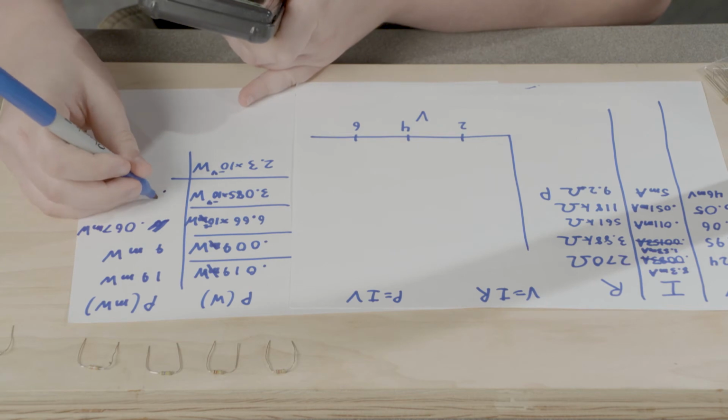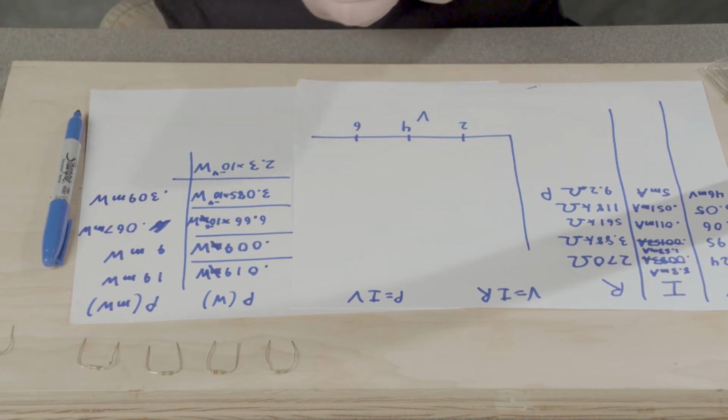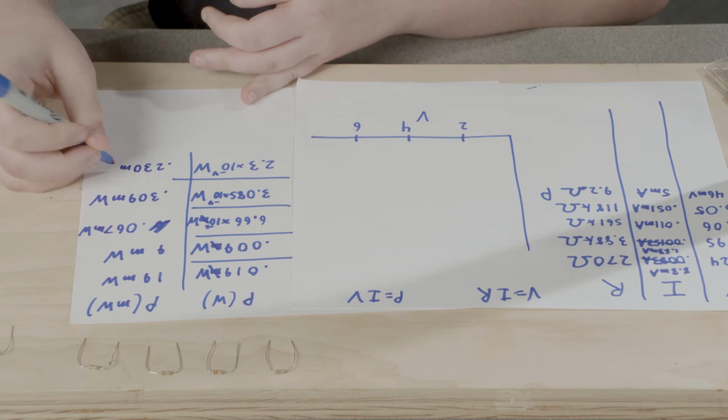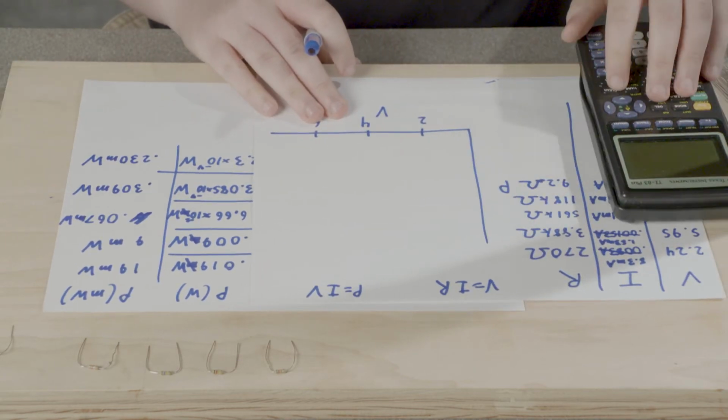This is 0.309 milliwatts. And this last one is going to be 0.23 milliwatts. Okay, so we have our power, and now let's do a little graphing.